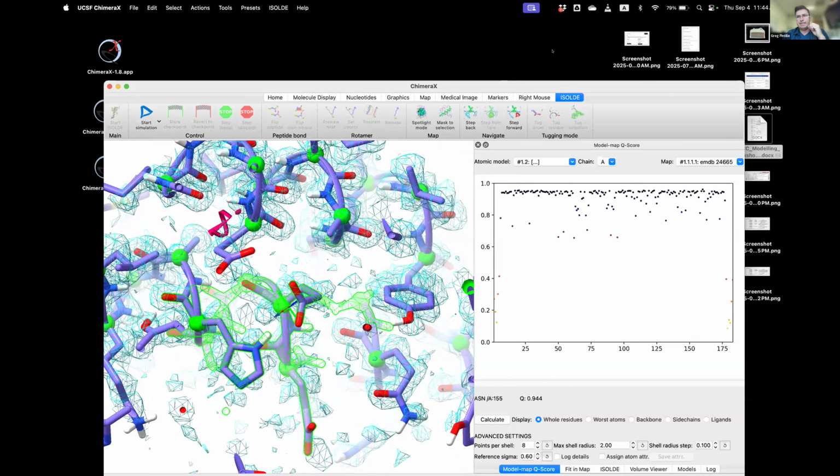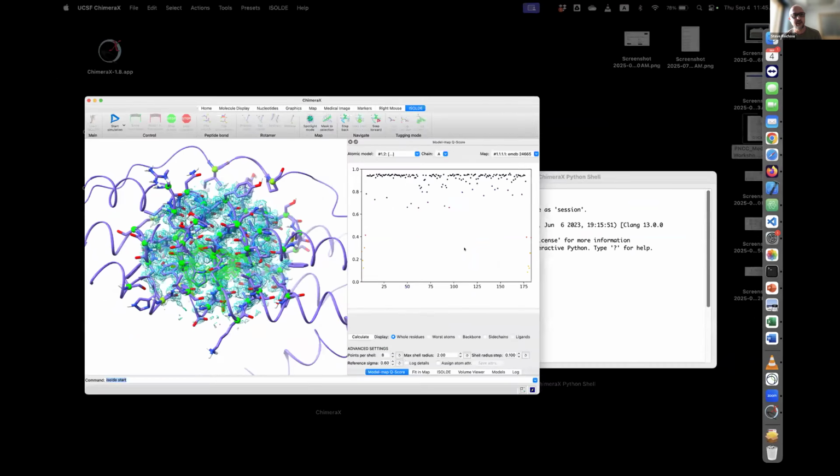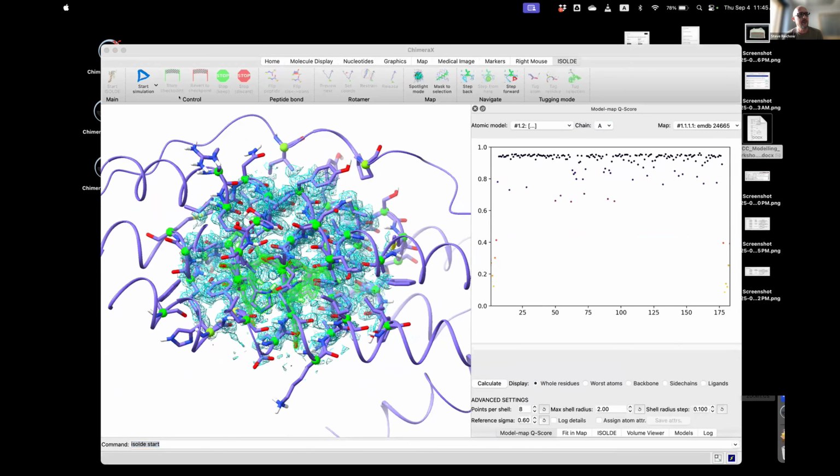A few of the questions, just to summarize a little bit, relate to issues with refinement or incorporating other tools in the refinement process after using Q-score. So one user asks, after you do these adjustments, do you then go into Phoenix for refinement?